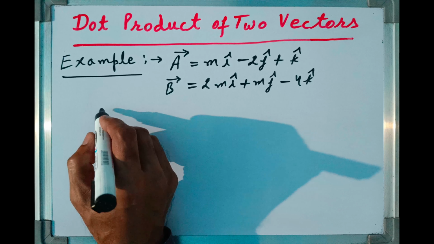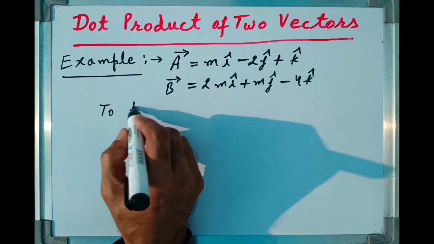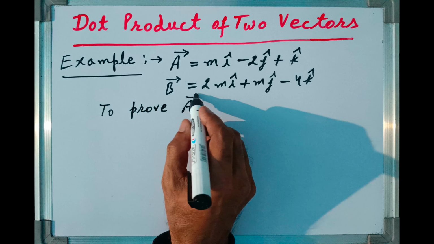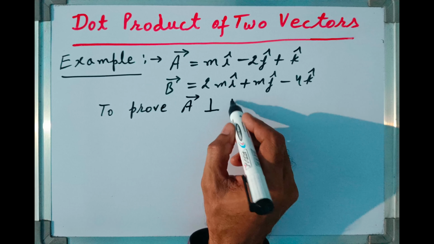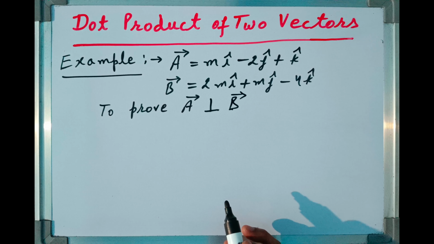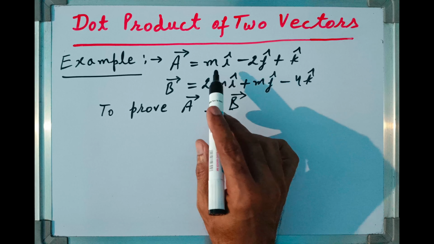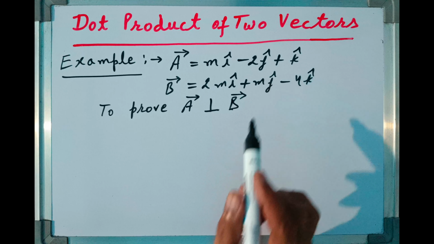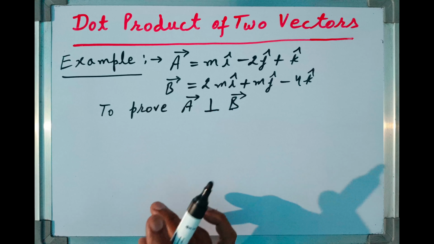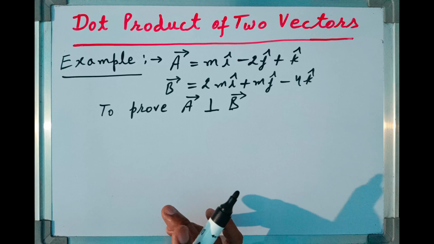The question is to prove that vector A is perpendicular to vector B. This means, what should be the value of constant m in these two given vectors so that vector A and vector B are perpendicular to each other.